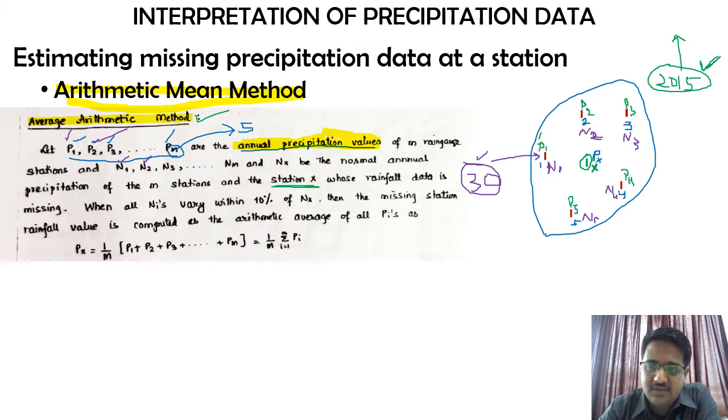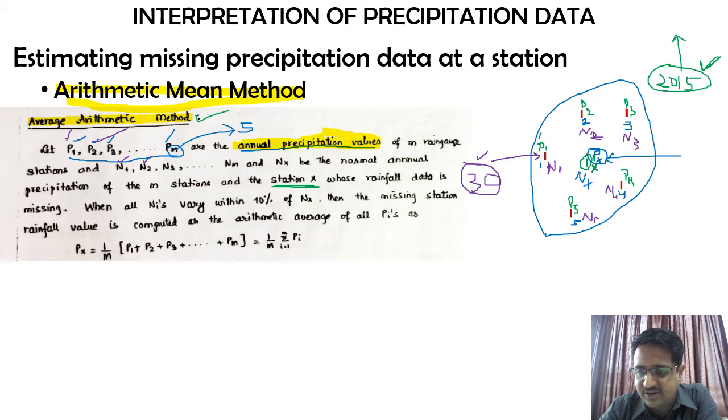Even for the previous years this particular instrument was working, so at that point of time I have the value of Nx, that is the normal annual rainfall for this station X. So already I have this Nx value, but I don't have the value of Px, and our job over here is to determine this particular value of Px.